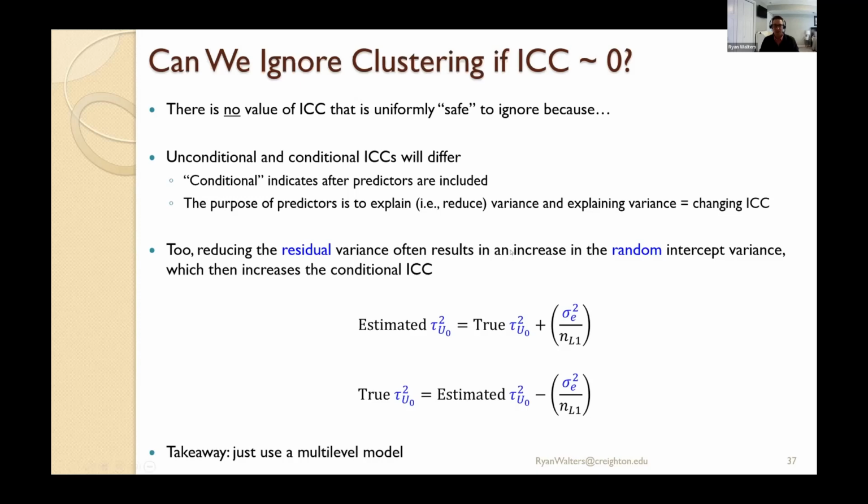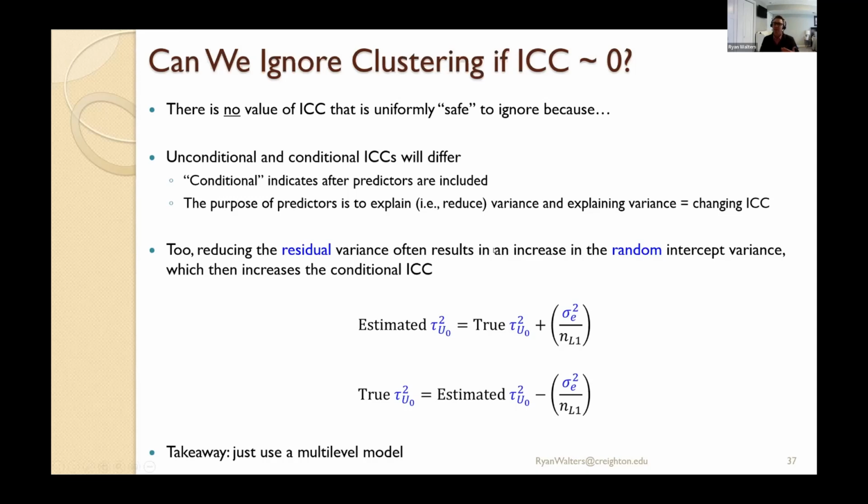The other thing is if you're explaining residual variance, you're actually going to see an increase in random intercept variance. It has to do kind of with reliability. Your estimated random intercept variance is some function of true score plus error, for those of you that have reliability training or classical test theory in the background.